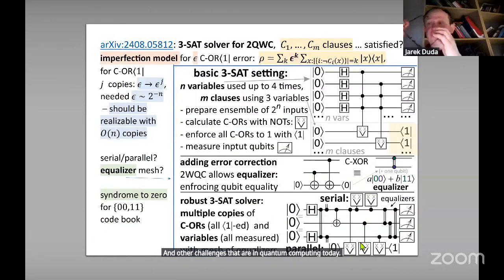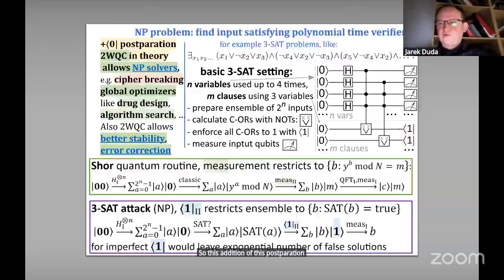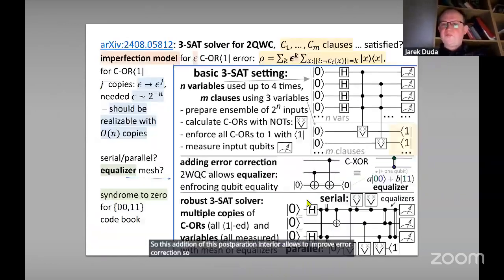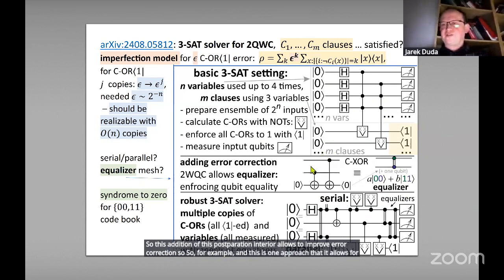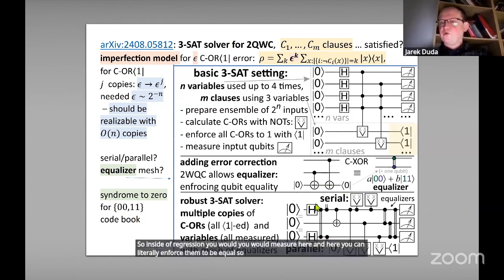So yes, this addition of postselection in theory allows us to improve error correction. For example, one approach is this equalizer gadget, which enforces two qubits to be equal. So instead of measuring here and here, you can literally enforce them to be equal. So you can work on multiple copies of the same qubit, which should allow for better error correction.